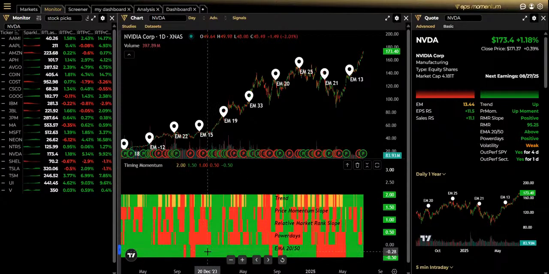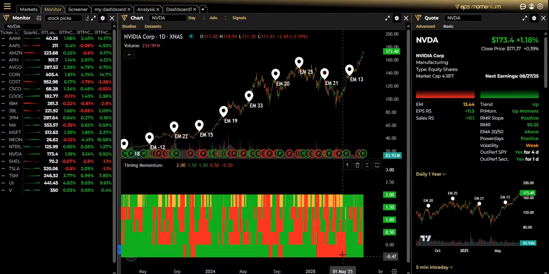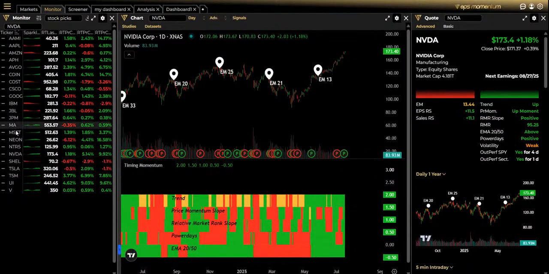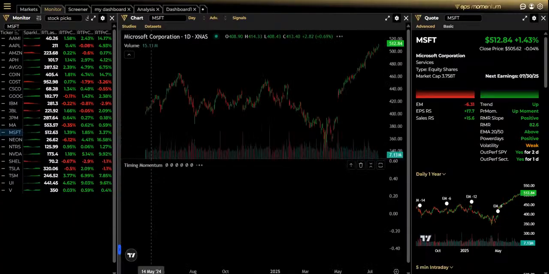When it's above, it's green. When it's below, it's red. So really only in that region here it was red for quite a while, and then recently it turned positive. So when you have all of this, it's pretty easy to spot a good trend there.